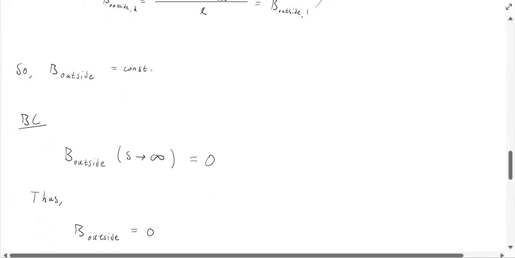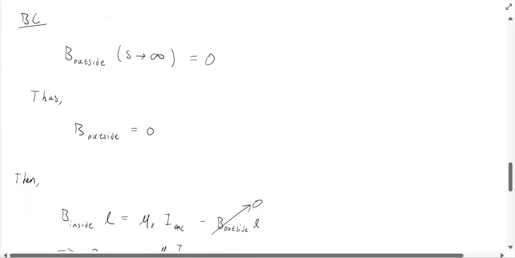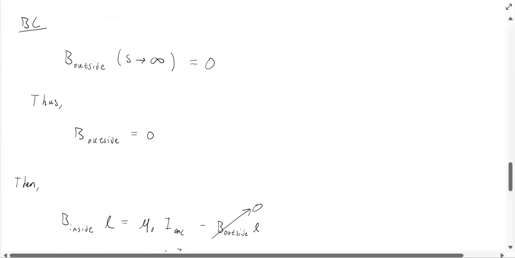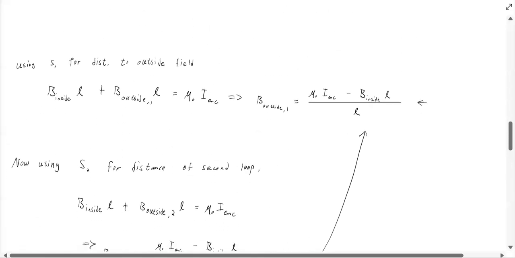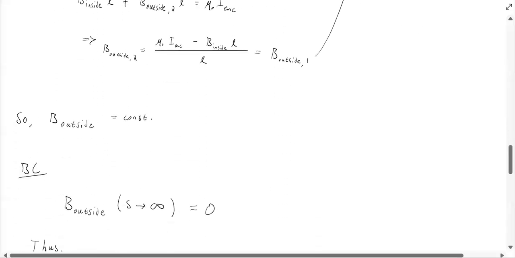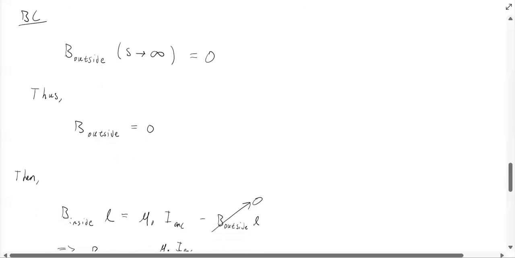So that leaves us with the following equation: B inside times L equals mu naught times the current enclosed minus B outside times L. And this comes from simply moving this to the other side. And so that will equal 0, as we just noted above.